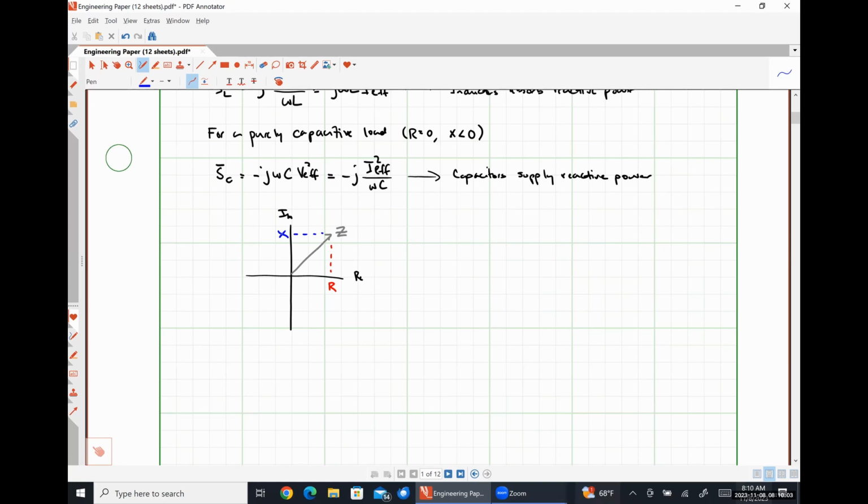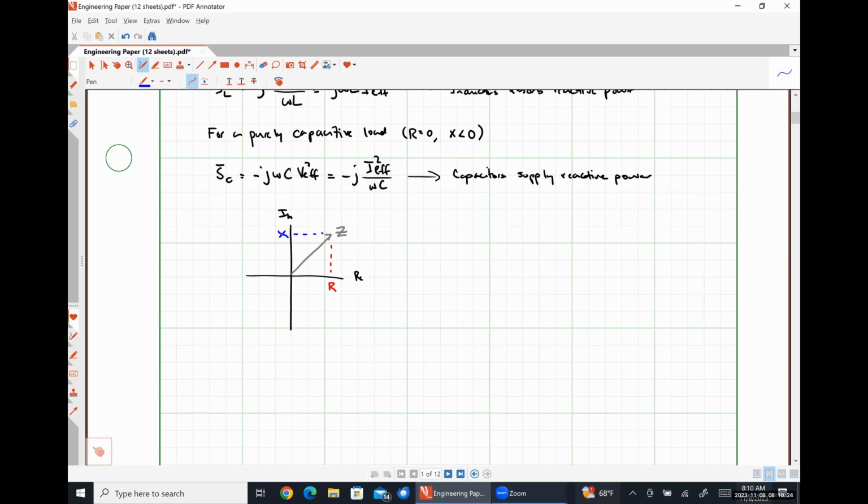So for a pure resistive load, that would be something that lies on that horizontal axis, right? So R is greater than 0 and X is equal to 0. We know that we have no phase angle, so there is no imaginary part whatsoever.